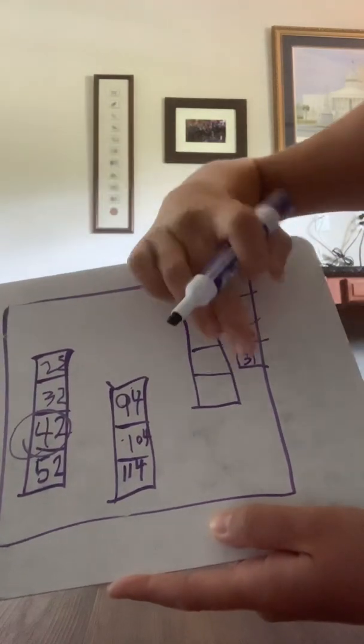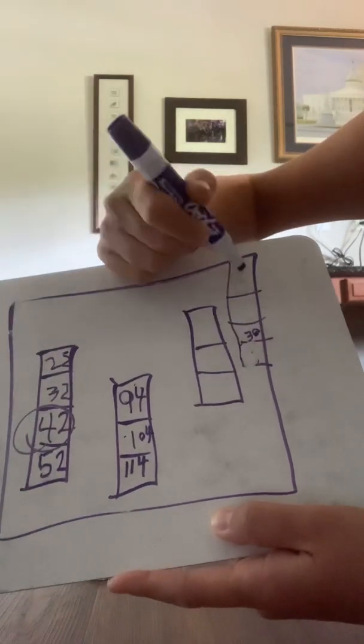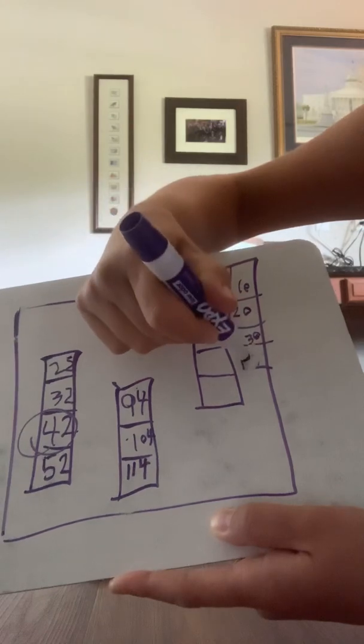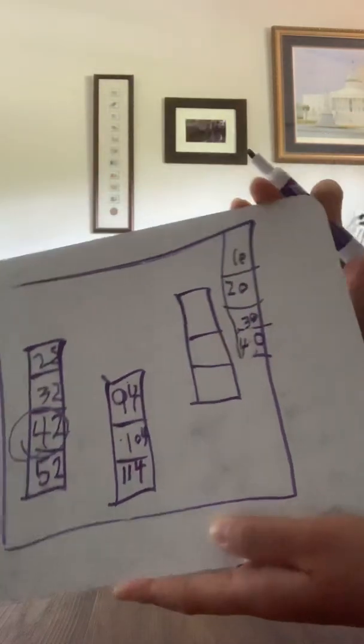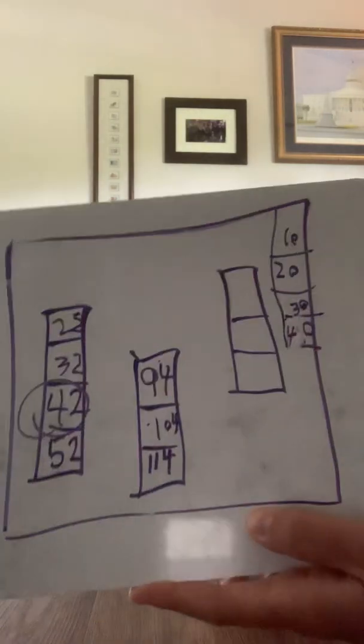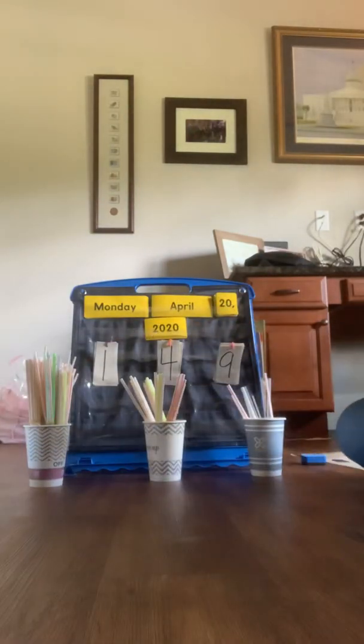You would keep looking at what's in the tens row. So if this was 30, 10, 20, 30, 40. That's your math assignments for this week. Notice the patterns that's in a number grid and see if you can finish those patterns. So keep that in mind.